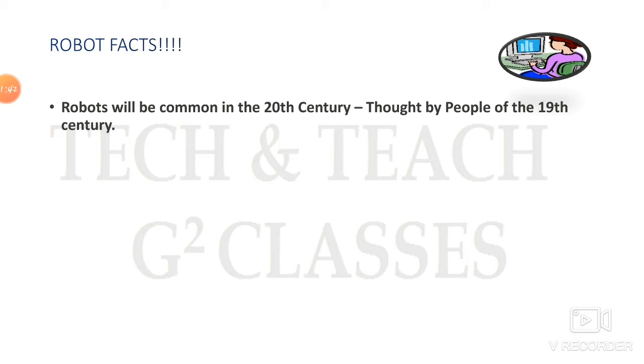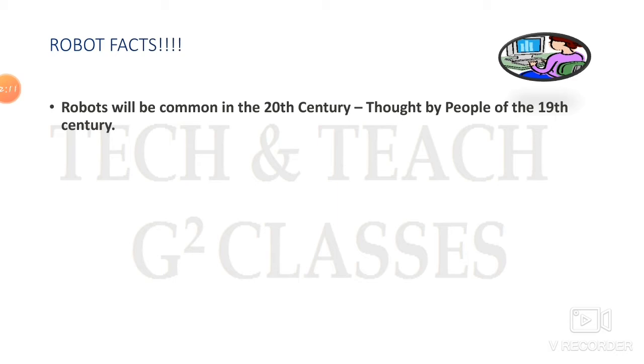In the 19th century, people thought that robots would overcome human beings in the 20th century. They estimated it then, and now they are implementing it. It is already a fact that in this generation we are reducing labor and using robots, and operating under very good conditions.